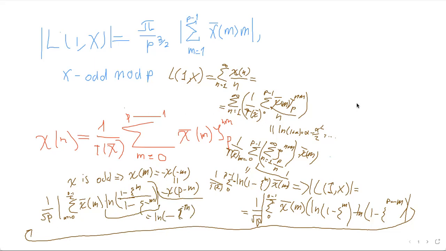Wait, why not minus m? Plus m. Sorry, let me think. If we multiply this by zeta to the m, we will get minus 1. If you multiply the denominator by zeta to the m, yes, you're right, of course.